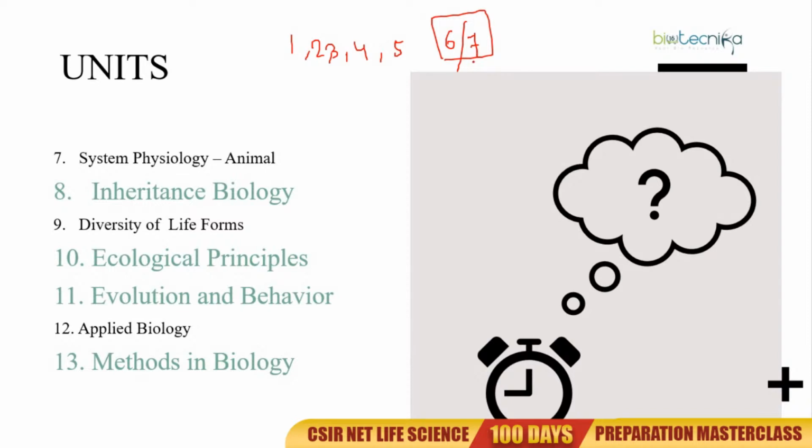Those who are strong in animal physiology, who have already studied some animal physiology during your BSc or MSc, definitely go for Unit 7. Those who have some knowledge about plants, you can go for Unit 6. Those who don't have knowledge about either, make a choice where you're comfortable, 6 or 7.